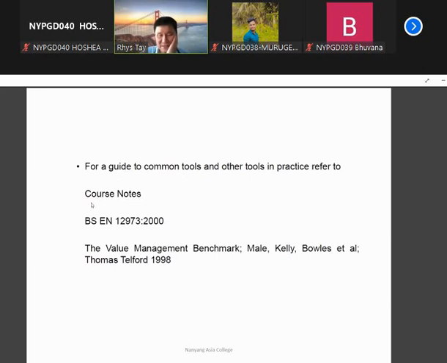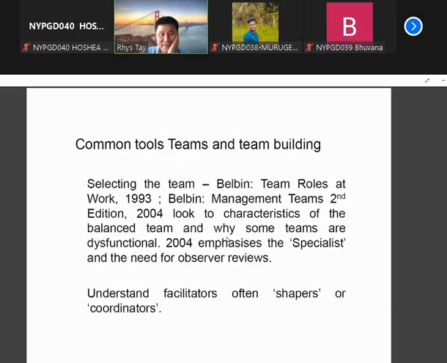If you have time, go and access it. Common tools, for example, selecting a team and all this sort of thing. This one is already covered in your management paper.